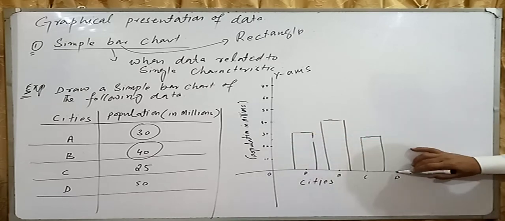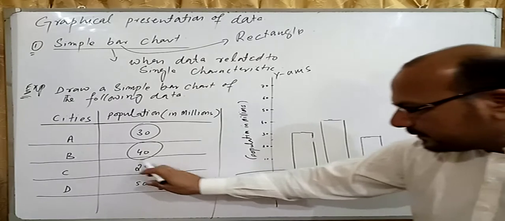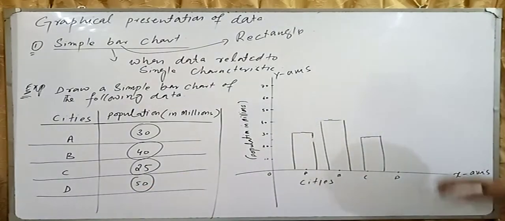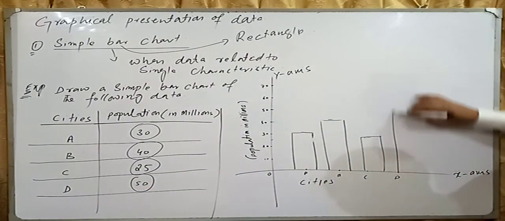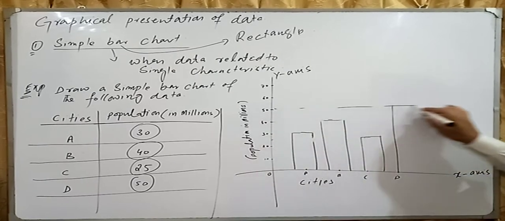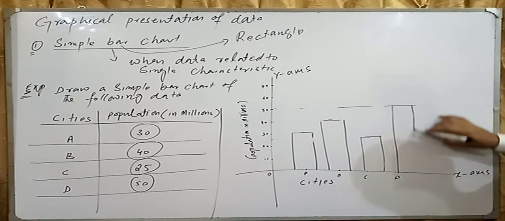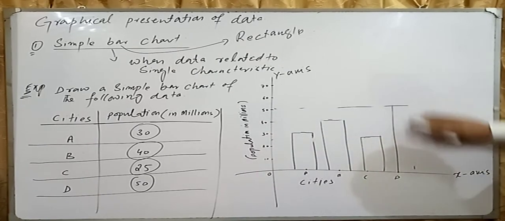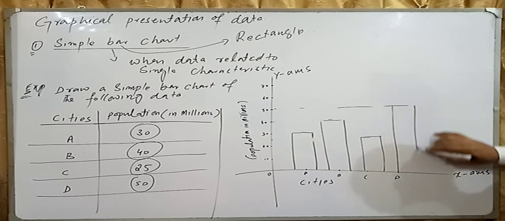Then the last one is 50. So give height to the bar up to 50, and then make it like this.